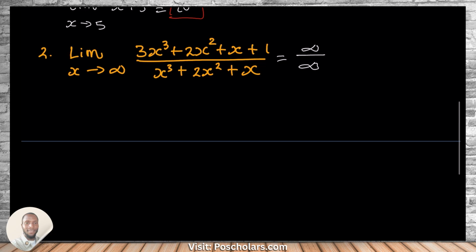Now, this kind of question will make you remember a particular rule. The rule says the limit of the function 1 over x as x tends to infinity is equal to 0. You can prove this yourself by taking 1 over x, where x tends to infinity.